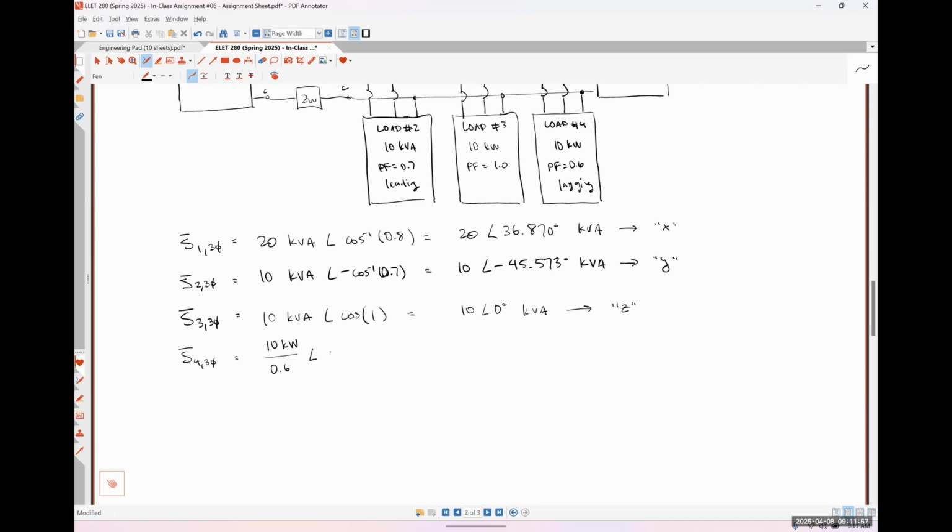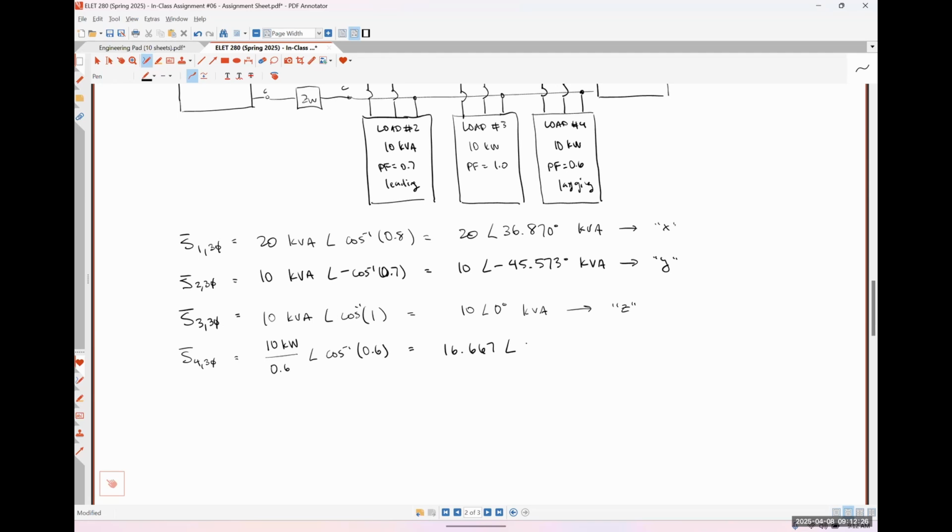And then my angle is going to be the inverse cosine of 0.6. And so I got 16.667 with an angle of, oh, that's not right.